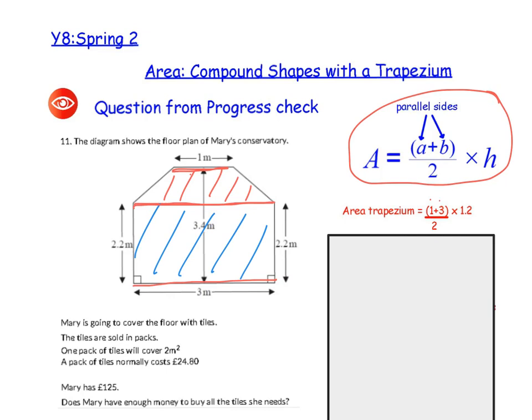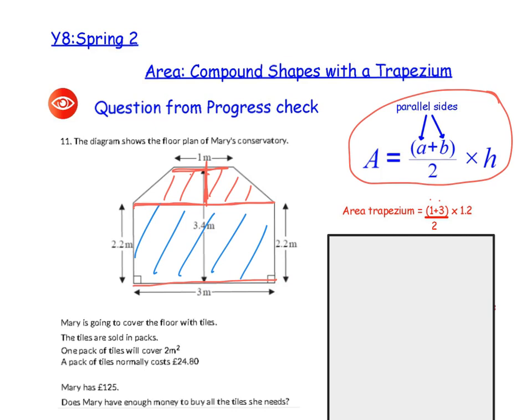So the formula for area of a trapezium says add those two parallel lengths together and divide by 2. So average out those lengths. Then we're going to multiply it by the perpendicular height. Now the perpendicular height can be found from the entire height, which is 3.4, take away the 2.2.